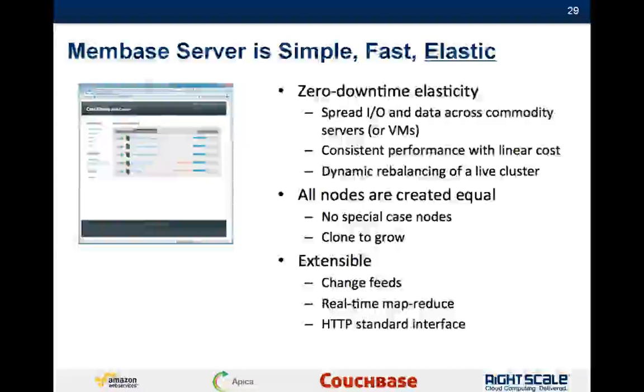Now, one thing I just want to mention, this is a key value store, Membase Server, that's out there today. We're actually just changing the product line a little bit. We released on Friday last week Couchbase Server 2.0, which is the next in line of the Membase Server product line. The key thing we are doing here is that we're actually adding CouchDB as the persistent data layer into Membase.